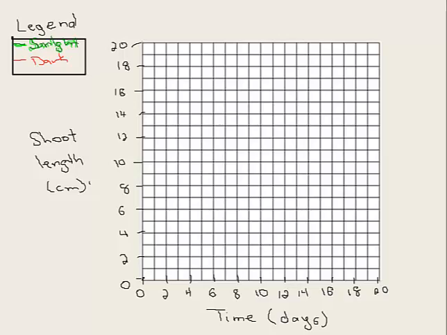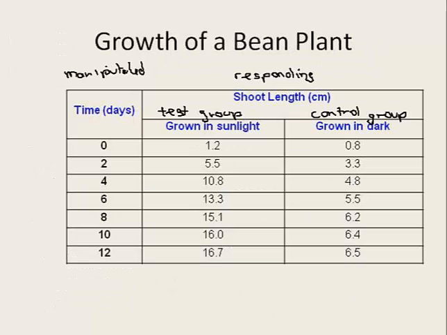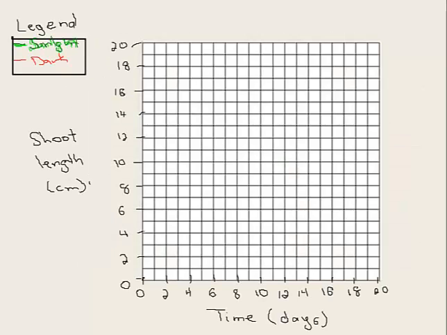Okay, so now we're going to use the data to plot points. Our first data point is going to be at time equals 0 days and 1.2 centimeters of growth.